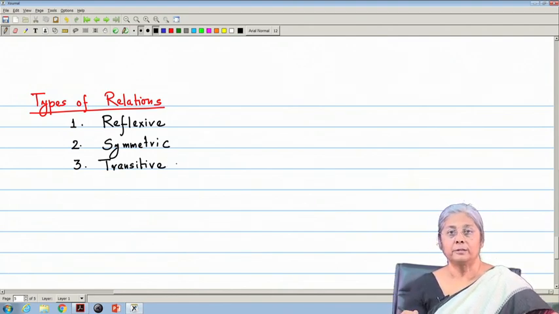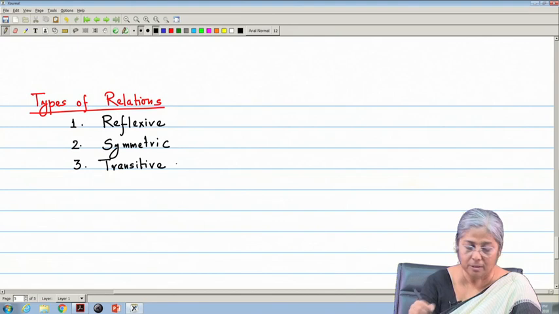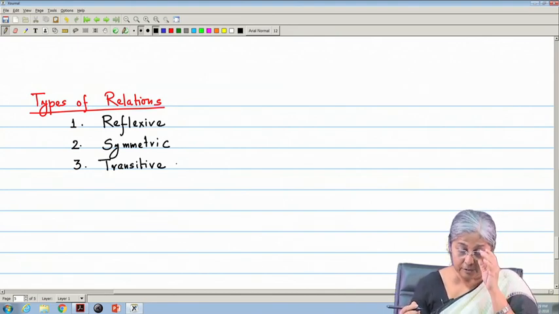Now we define one by one these 3 different types and what their differences are.